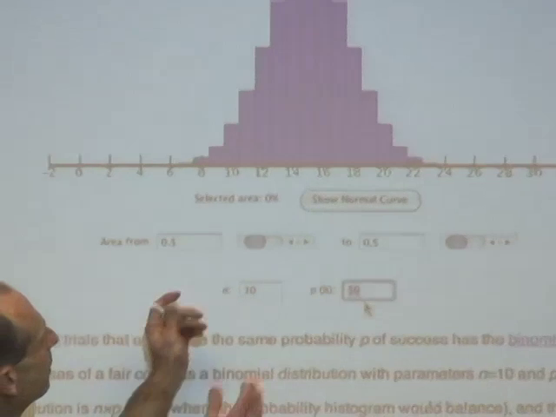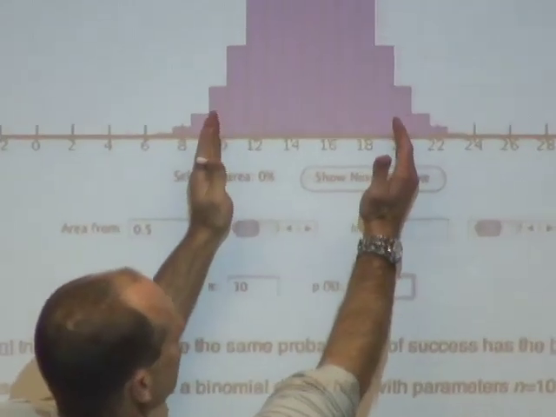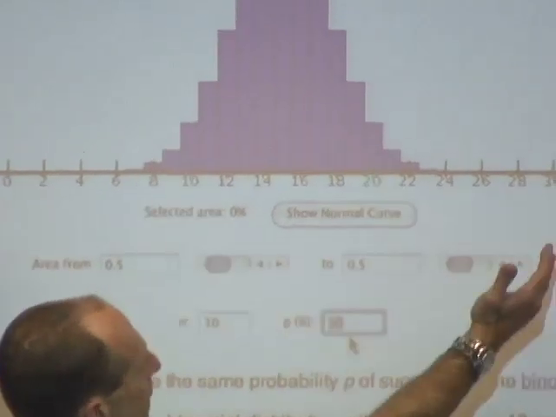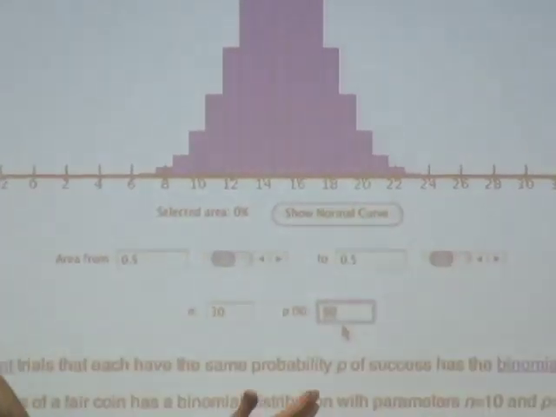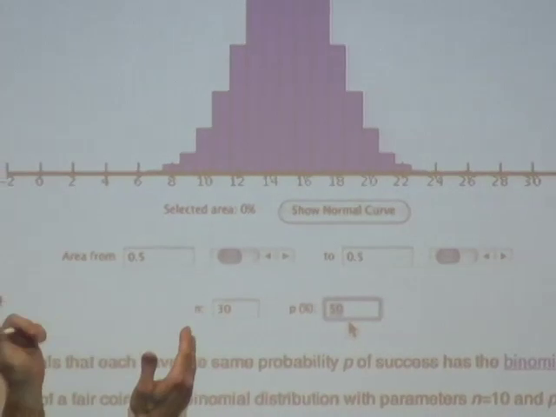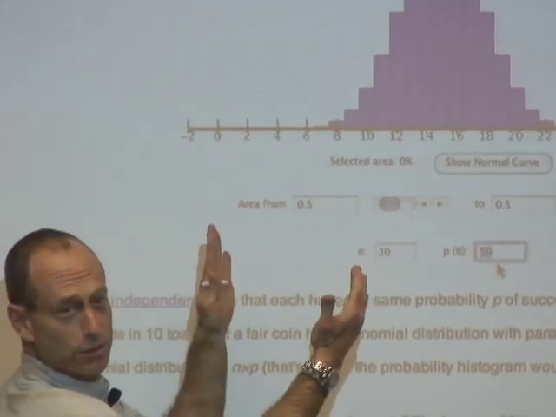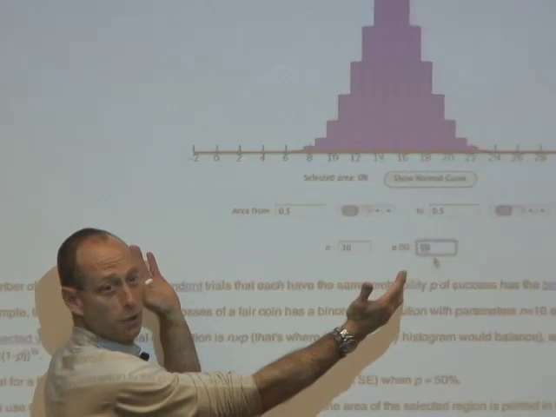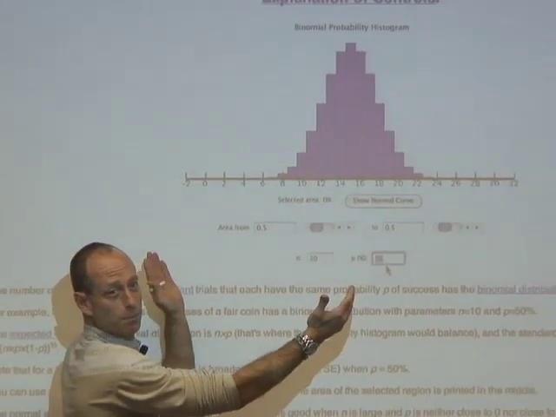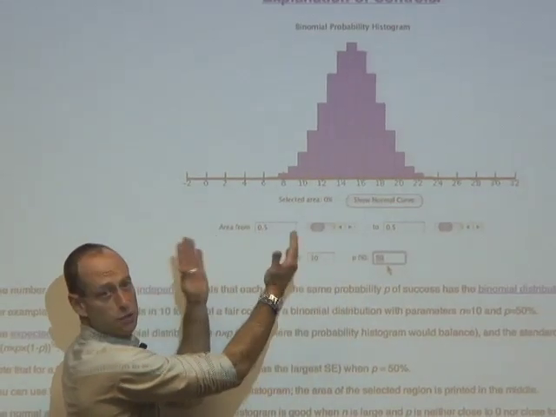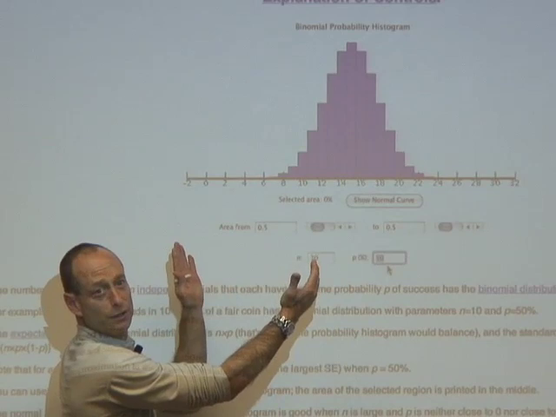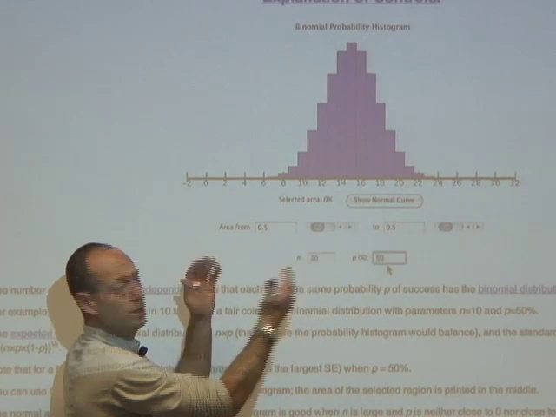And we want to try to pick values so that the chance that we're outside this range is no bigger than 10%. We want to make the range as narrow as possible, so that we have a good chance of rejecting the null when the alternative is true. But we don't want it so narrow that the chance we reject the null is bigger than 10%. Okay?